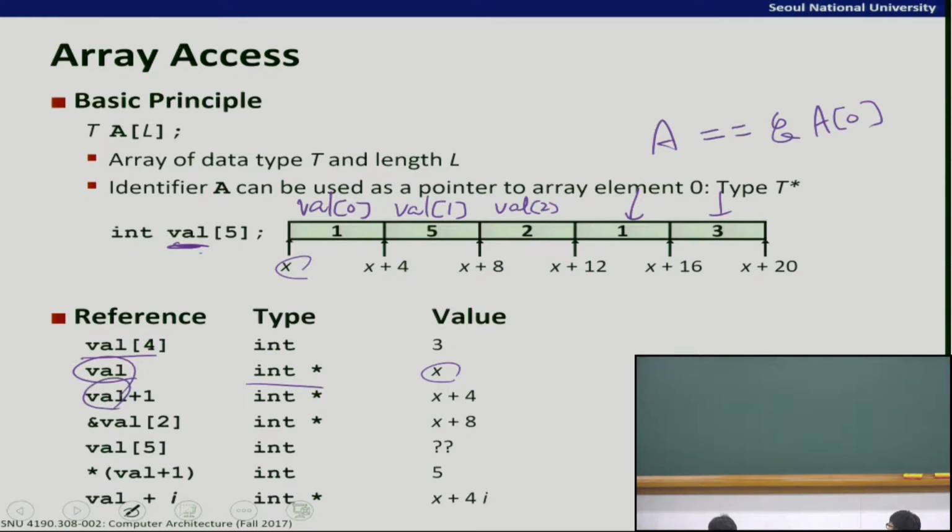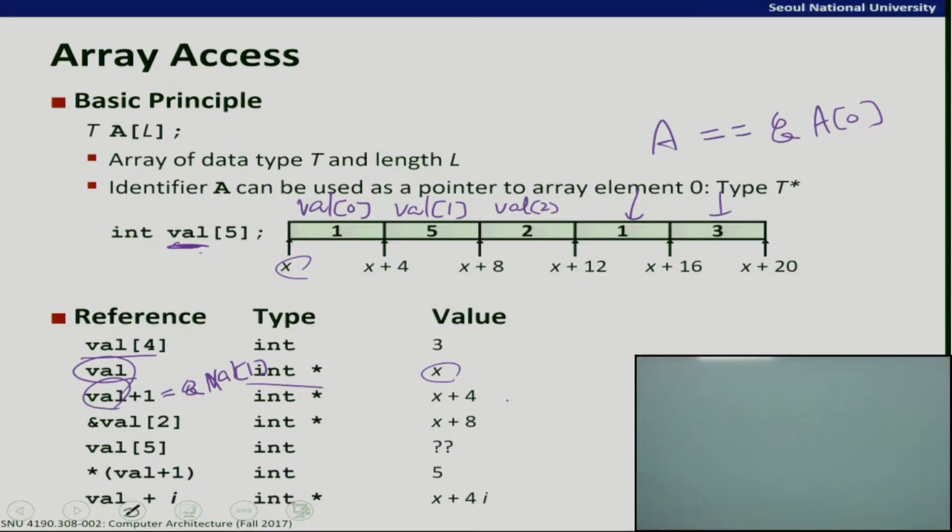If you add 1 to it, that returns the starting address of the next element. So this is basically equivalent to the address of val of 1, right? Address of val of 1. And ampersand val 2 is x plus 8 because it points to the 3rd element in the array.